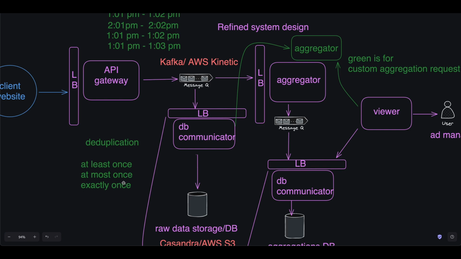All right, and the golden goose here, exactly once. That basically creates a communication between Kafka and our aggregator service. In this way, it's more tedious in the sense that they would need to exchange messages between each other. For example, Kafka sends you a message, then you need to send a message that you received it.